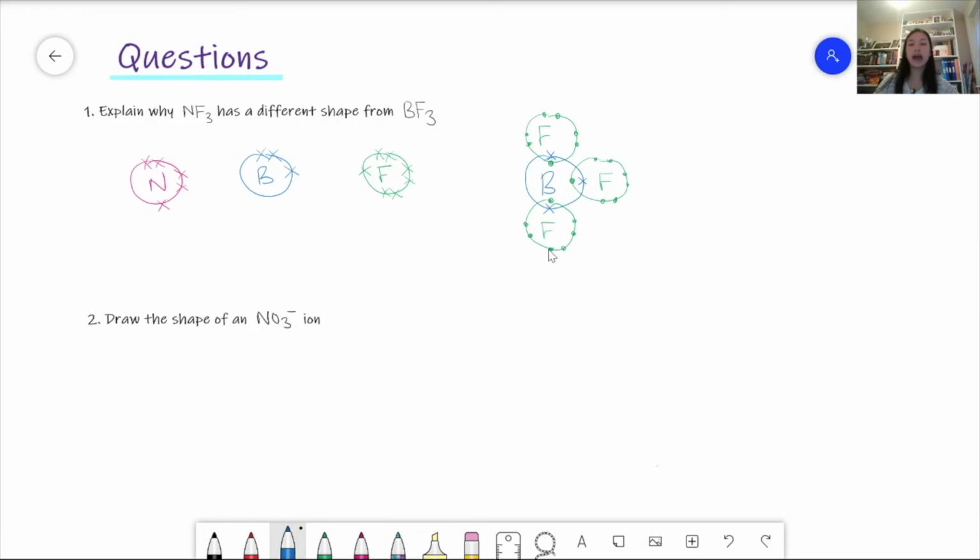Whereas if we look at NF3, if we bond 3 fluorines to nitrogen, we get this. So we have the nitrogen in the middle, and we have the 3 fluorines like we did for boron, and then we share 1 and have 6 on the outside.